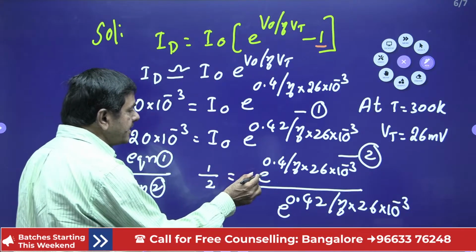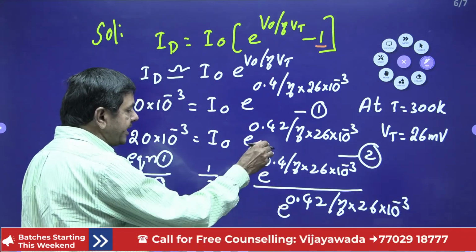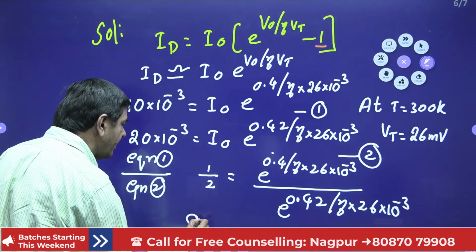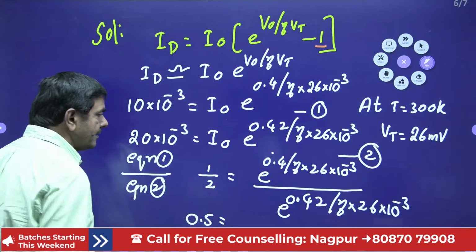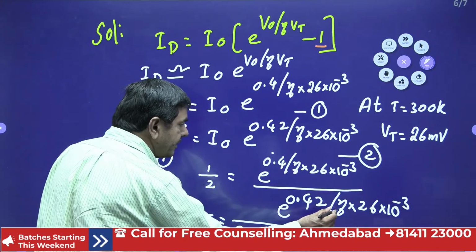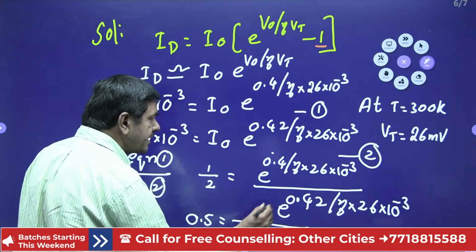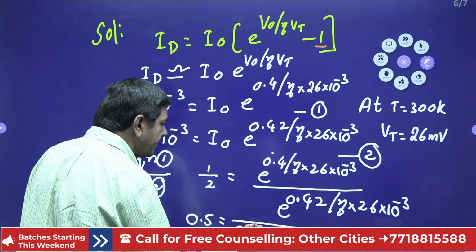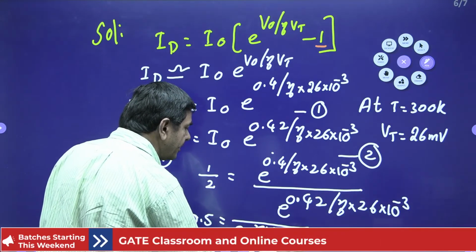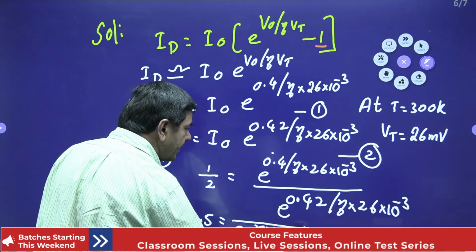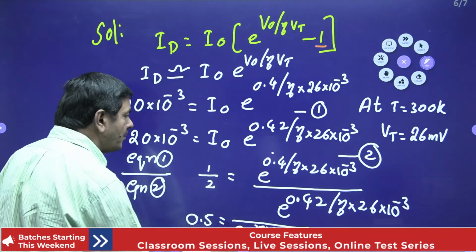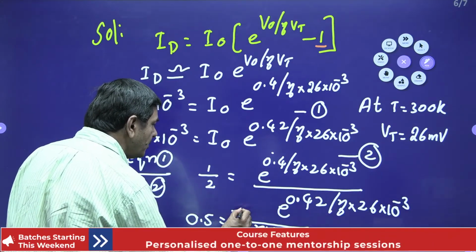Here e power something divided by e power something means I can take it to the numerator. 1 by 2 is 0.5. On this side the denominator is the same, eta into 26 into 10 power minus 3, and in the numerator I get 0.4 minus 0.42, which is minus 0.02.